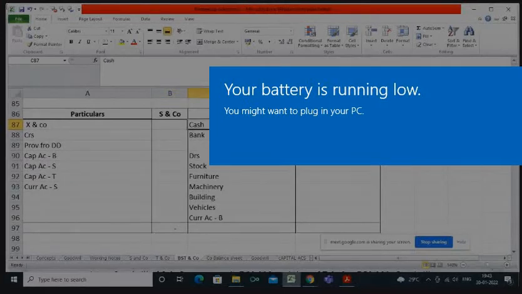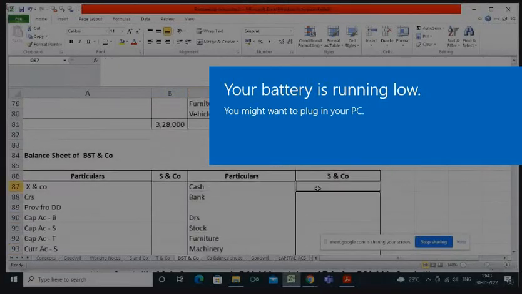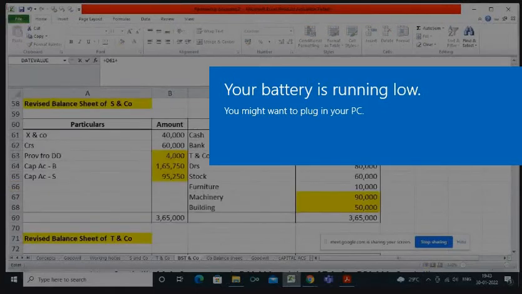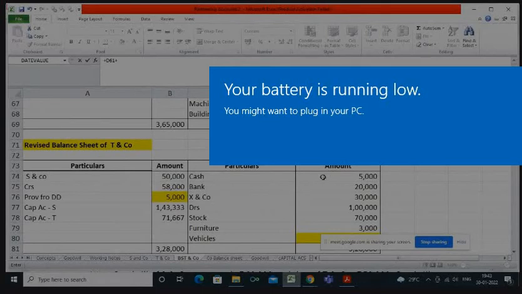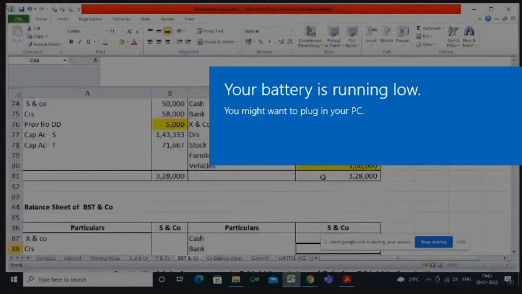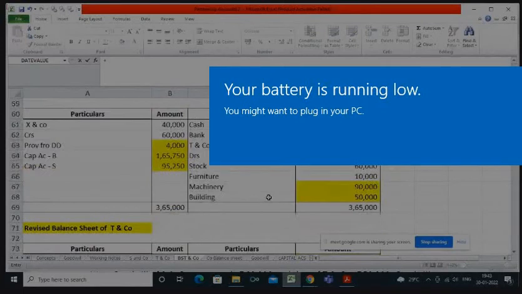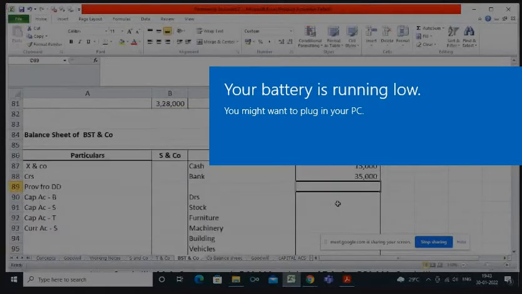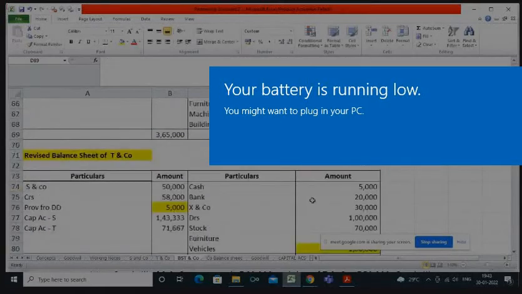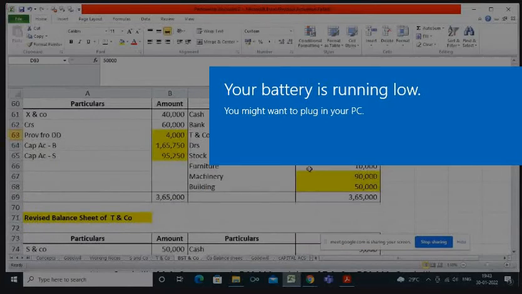So now I will start with the asset side, cash. How to work out the cash? Cash balance of S and Co I have taken over, and cash balance of T and Co also I have taken over. 10,000 plus 5,000, it will be 15,000. Then bank account. I have a bank balance of 15,000 here and 20,000 here. So total will be 35,000. And the next line is T and Co. It will not be there because it's a mutual indebtedness.